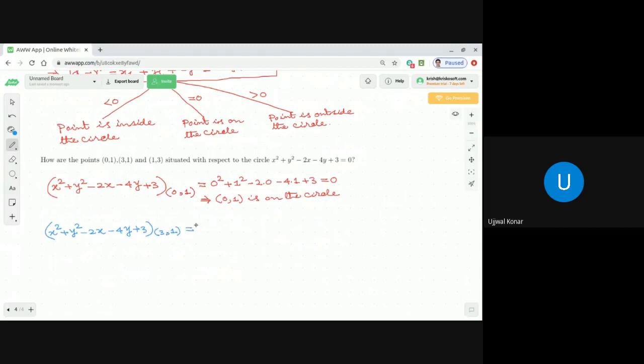That is 3 square plus 1 square minus 2 into 3 minus 4 into 1 plus 3. 9 plus 1 is 10, 10 plus 3 is 13, 13 minus 6 minus 4 is 3, which is greater than 0. As it is greater than 0, very clearly we can say that (3, 1) is outside the circle.